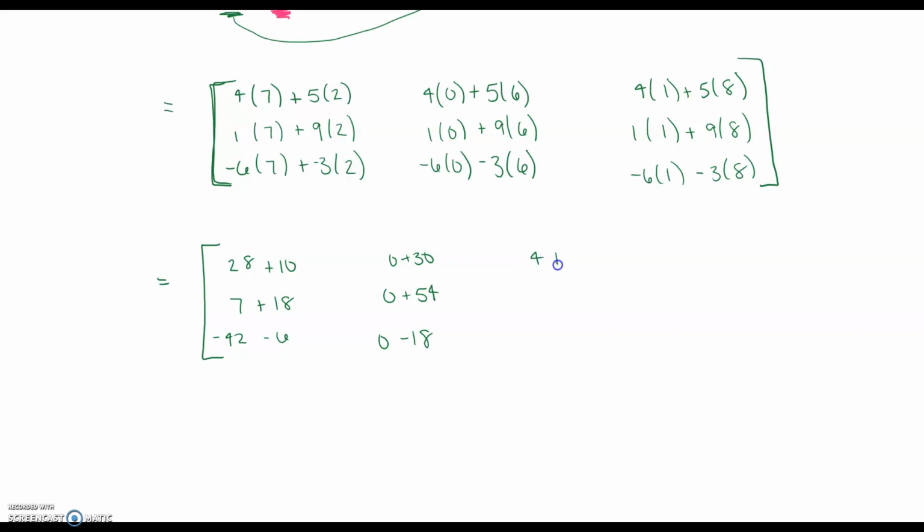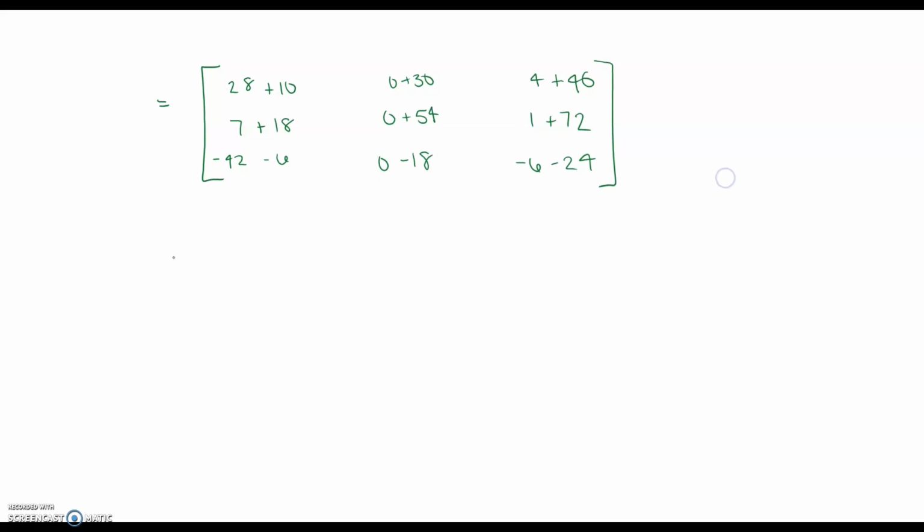Then 4 plus 40, 1 plus 72, and negative 6 minus 24. And then we simplify. So our final matrix is going to be 38, 30, 44, 25, 54, 73, negative 48, negative 18, negative 30. And we are done.